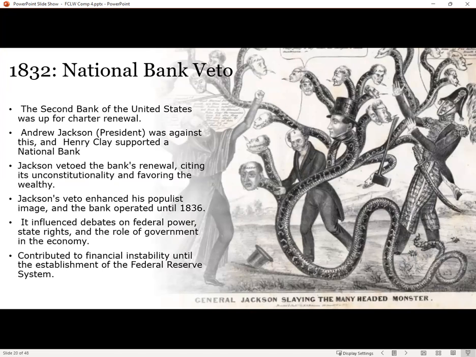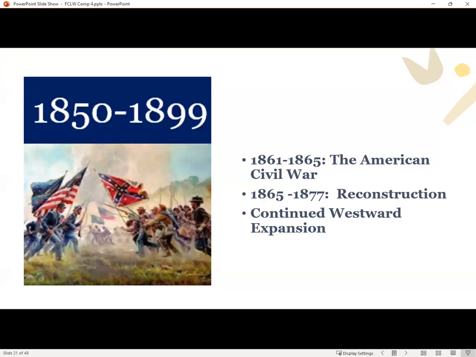And he vetoed allowing the bank to operate again, because the legislation would have to keep saying, yes, we want it for so many years. And Jackson vetoed that, and the legislature just let it go. It ended up not being a good idea in hindsight. But at the time, Jackson thought he was doing the right thing.